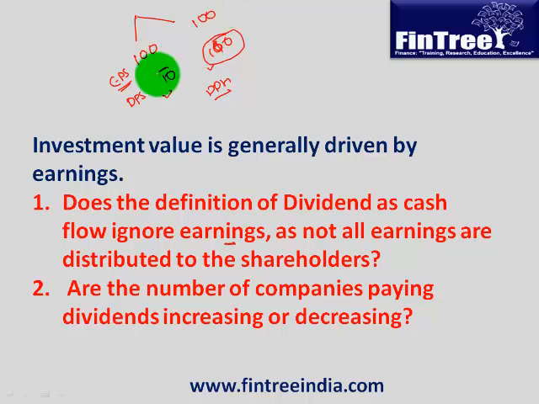In this case, though the amount of dividend is very small, what is high is the retention ratio. That means that amount is being reinvested into the business, which would result in higher earnings in future periods and higher dividends in future periods. So even though earnings are not considered a cash flow, the dividend discount model indirectly also incorporates the earning generating capacity of an organization. So the answer to this is no.